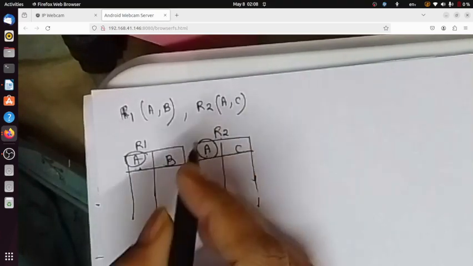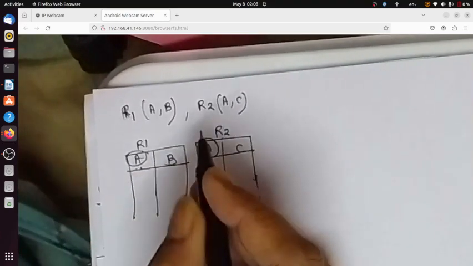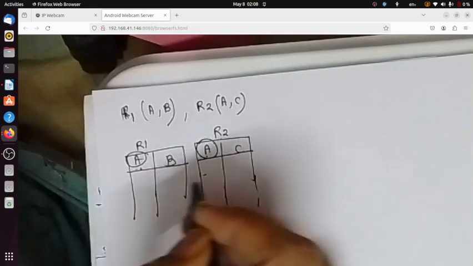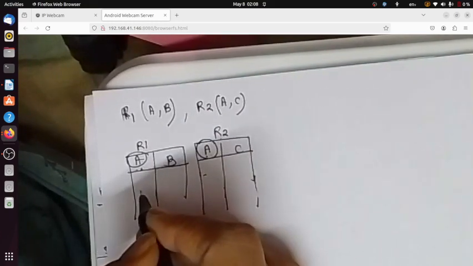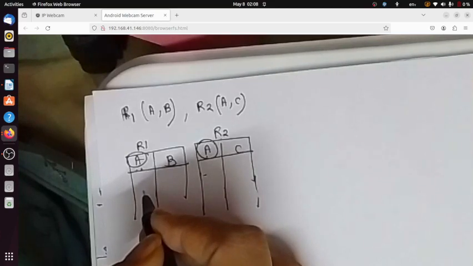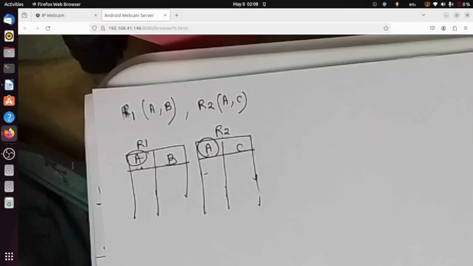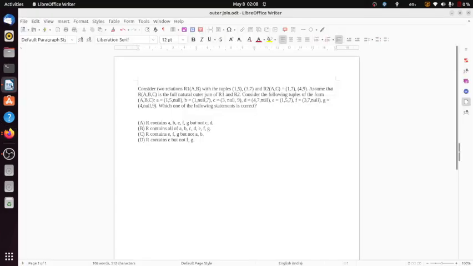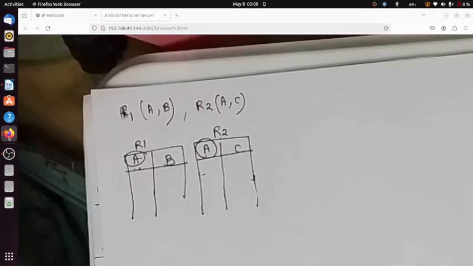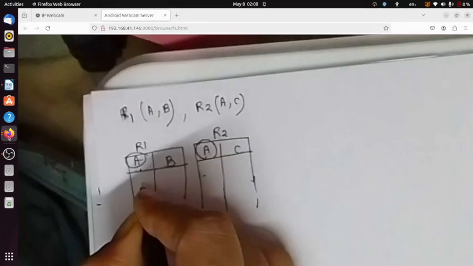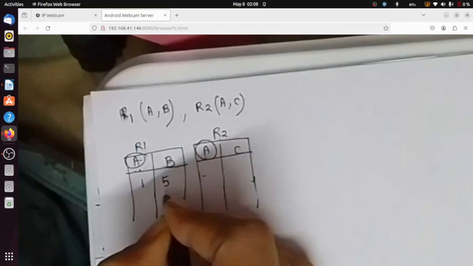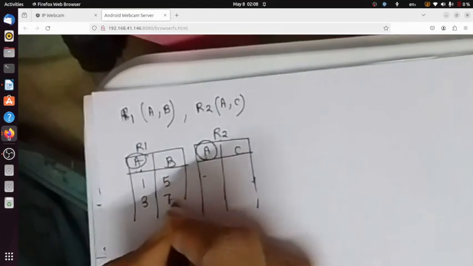Now some information has been provided about the tuples in relations R1 and R2. Tuples means rows or records. What are the rows in R1 and in R2? Going back to the question, R1(A, B) has the tuples (1, 5) and (3, 7).